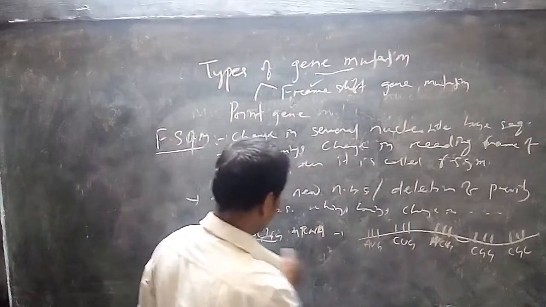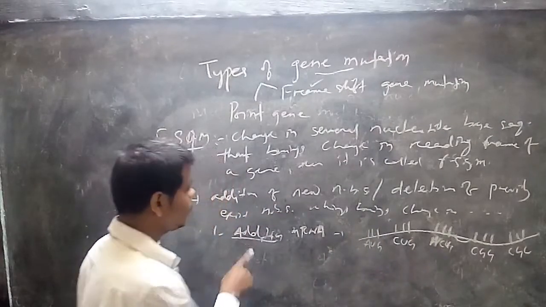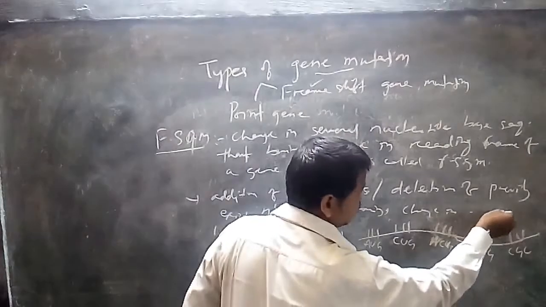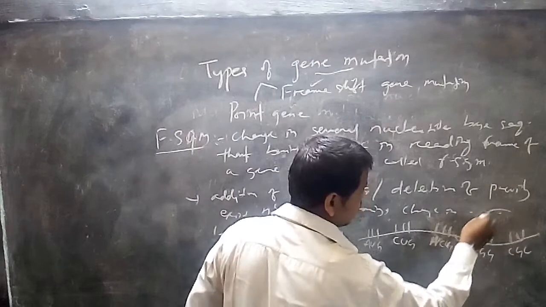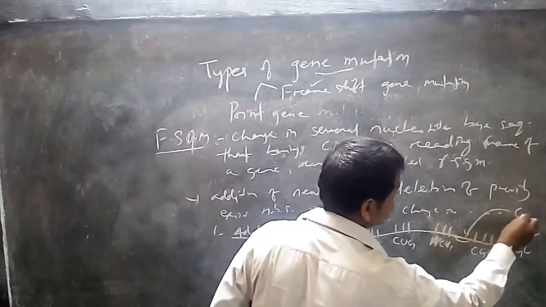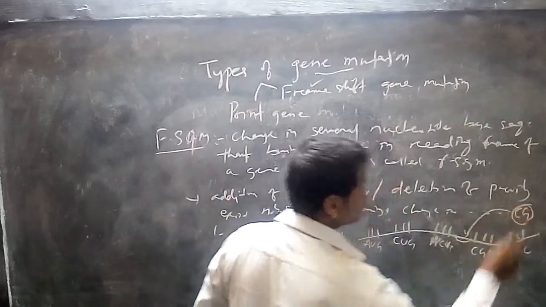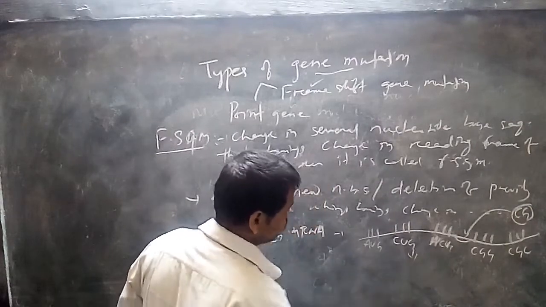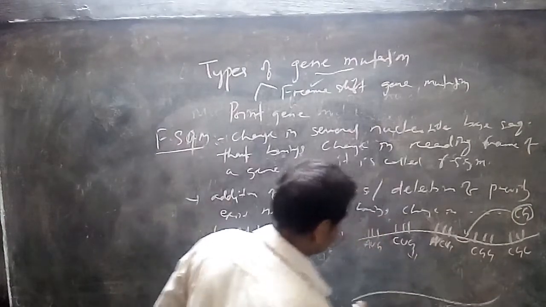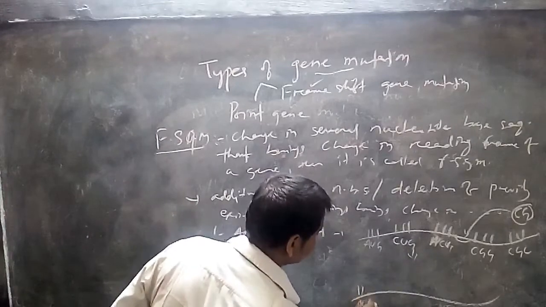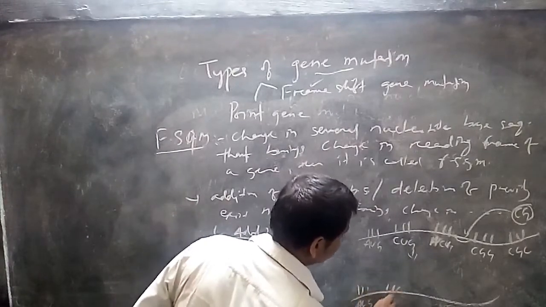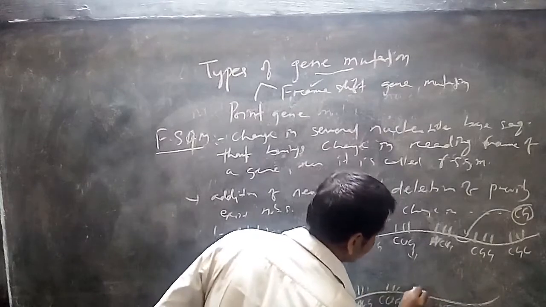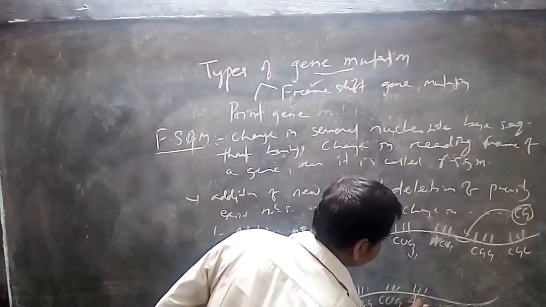When I am describing addition frame shift mutation, when extra nucleotide base sequences are added to a particular area, suppose CG, two nucleotide base sequence added in this area, then its structure will be changed. AUG, then third CUG. Its reading frame will be changed now. See, another ACG.